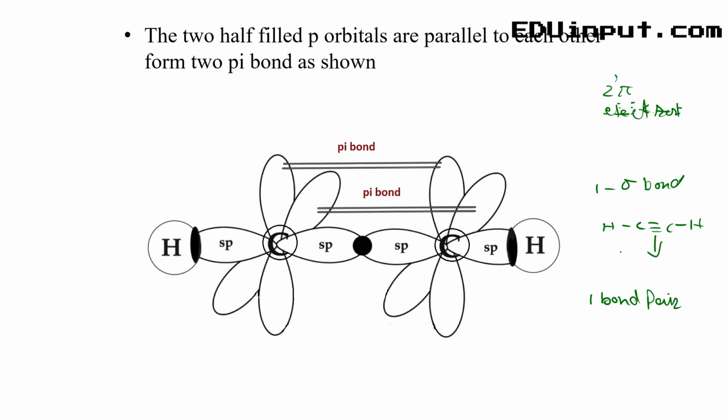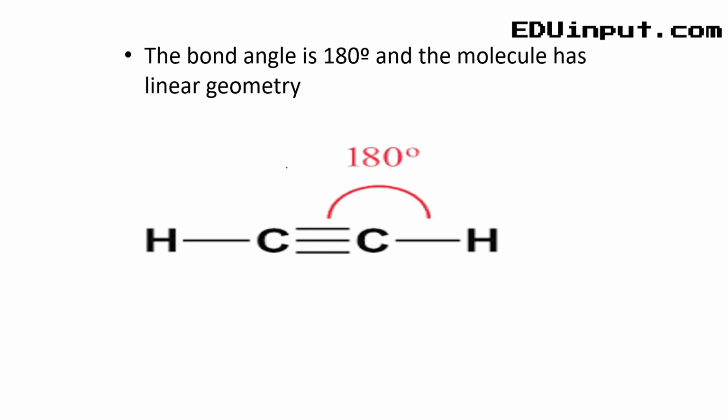So there are only 2 sigma bonds, and 2 pi bonds are involved, so it will be an sp hybridized molecule, and the bond angle is definitely going to be 180 degrees, as sp hybridization gives linear geometry.